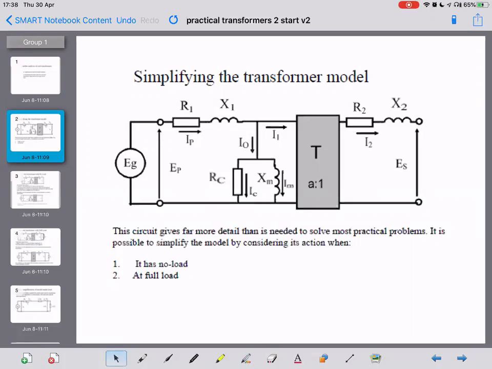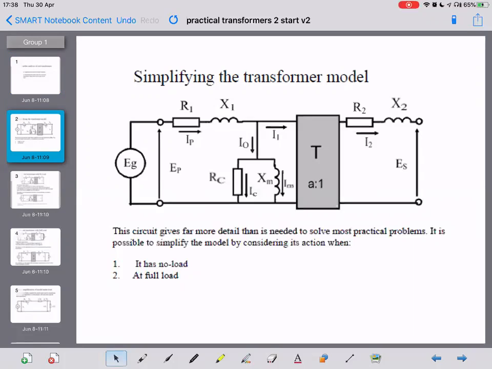Okay, and this is showing that transformer model without any load on it, so the secondary terminals are at open circuit. So this circuit gives far more detail than is needed to solve most practical problems regarding transformers.